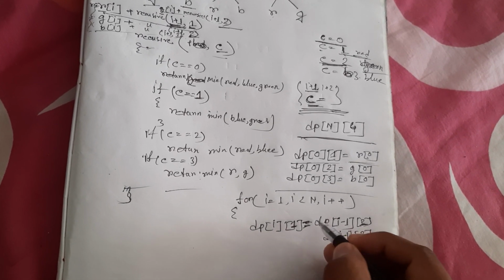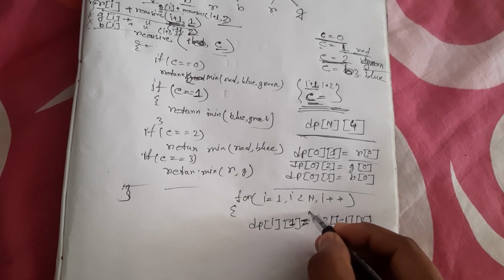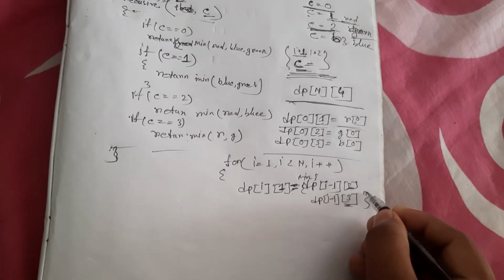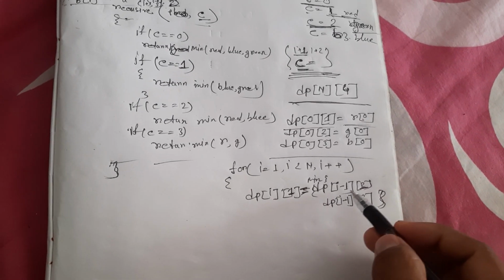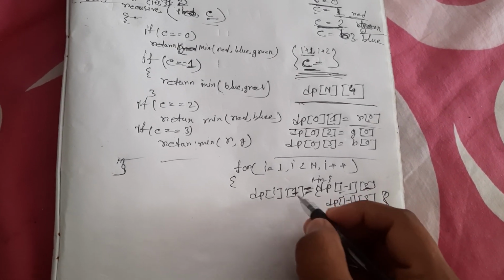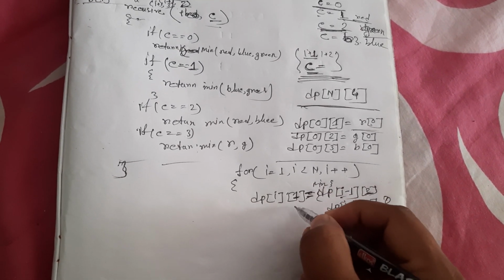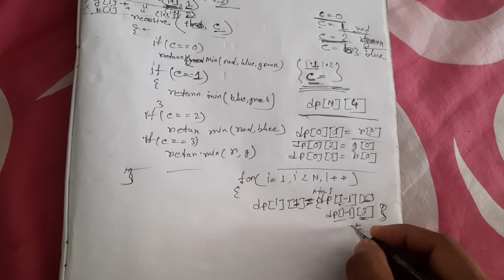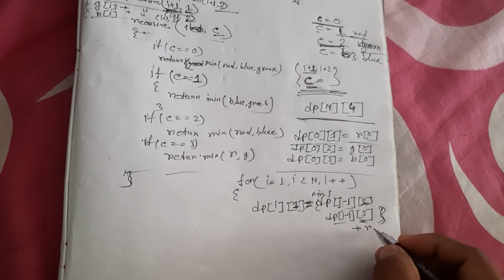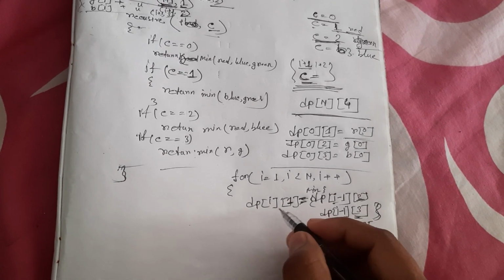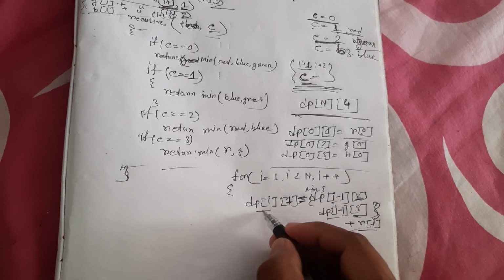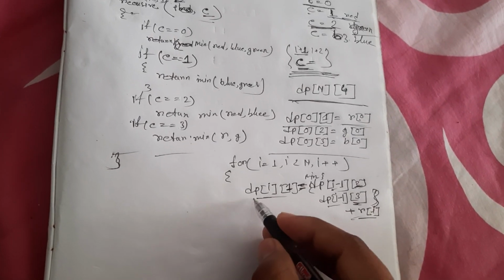So you need to take the minimum of these two, minimum of green or blue, and here we are choosing red. So you just need to add that red value, R of I, as we are choosing red. So this is for choosing red.